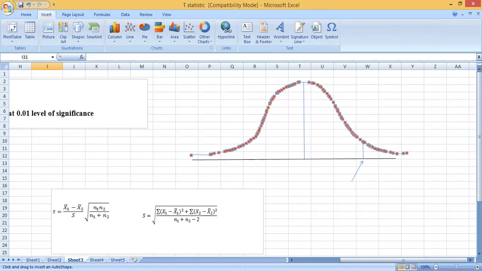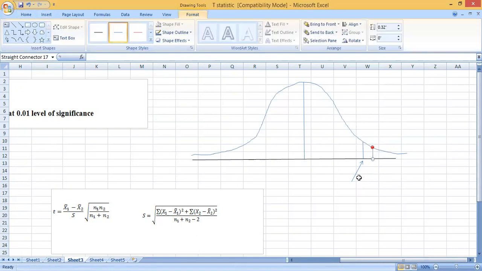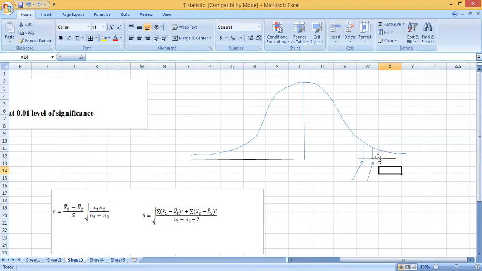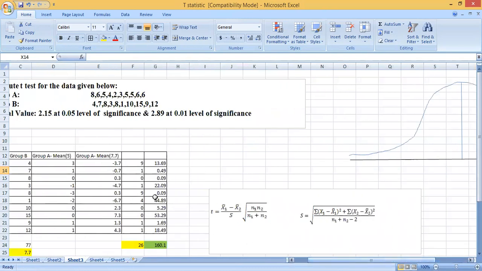And if we consider another line here, suppose I am drawing another line. This is the 1% level. This is the critical value, and this is the rejection region. If you consider the 1% level, the critical value is 2.89.